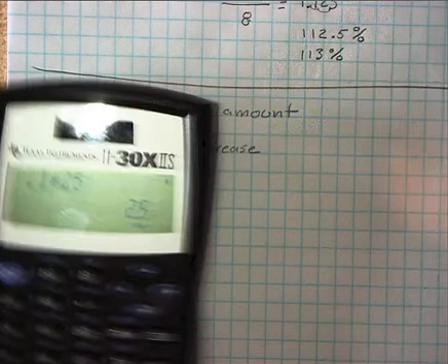So 10% is the same as 1/10, and of means multiply 25. So I'll do 1/10 times 25 gives me 2.5. And because it is an increase, I'm going to take my $25 and add my $2.50. So when I do that, I get $27.50.